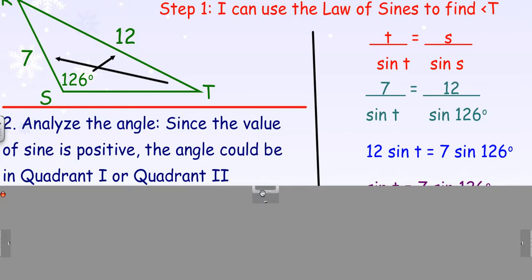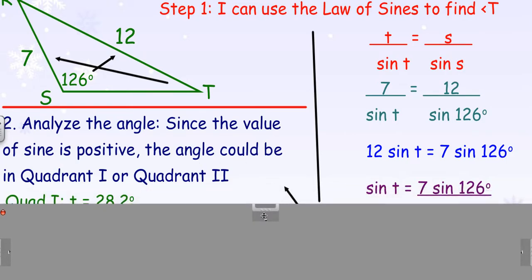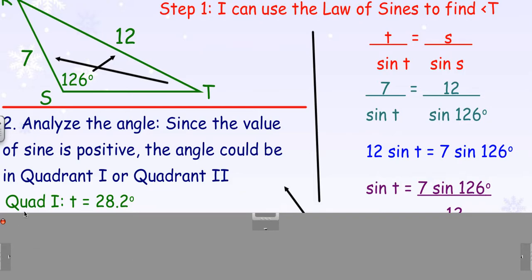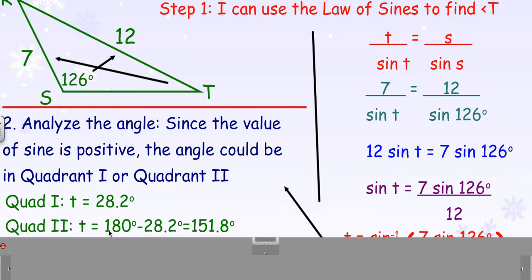So in quadrant 1, it's 28.2, and in quadrant 2, subtracting from 180 gives me 151.8 degrees. That would be one of two triangles that may be possible. It may be that I have a triangle with angle T as 28.2 degrees, or I may have another triangle where angle T is now 151.8 degrees.